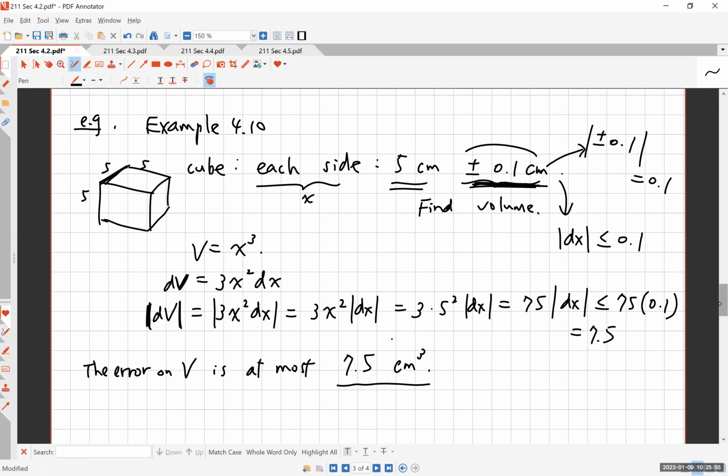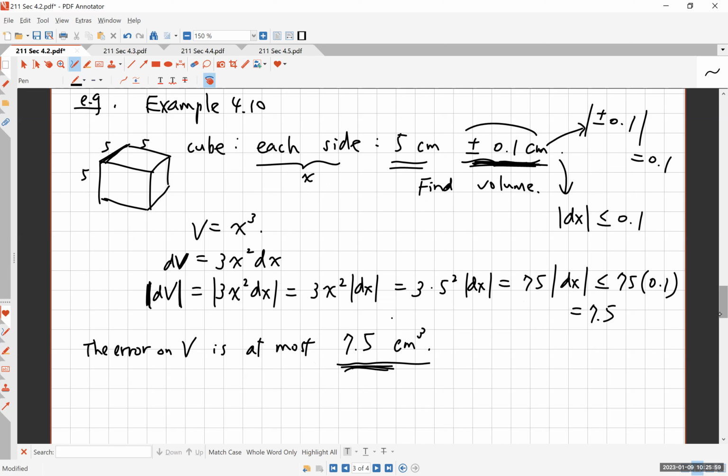That's called the error estimate. That's not exactly the right answer, but using the approximation by differentials, this is what you get. So the error on V is approximately as much as 7.5 cubic centimeters. And so that's it. How do we get this? Well, again, you start with an equation that you know, take the differential, and you are trying to find the error on the differential using what's given.